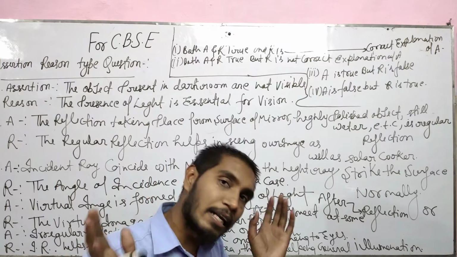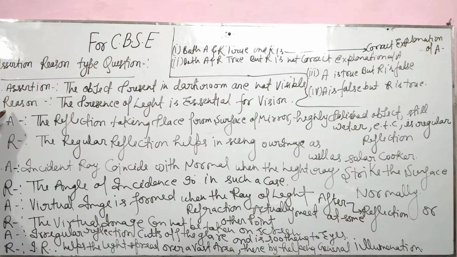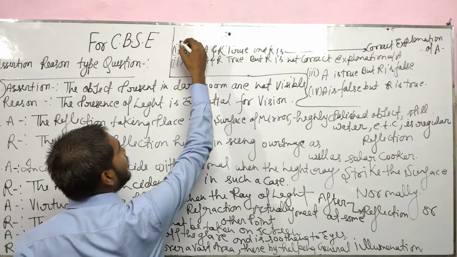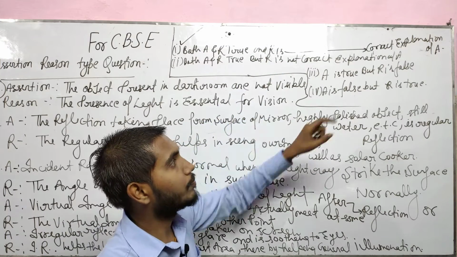When light is available, then we can see the object. So the reason provided is the correct explanation of A. So for the first question, the first option is correct among these 4.